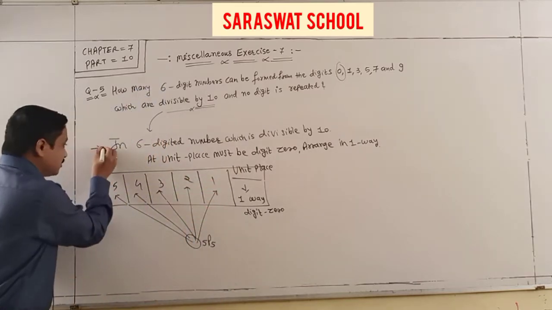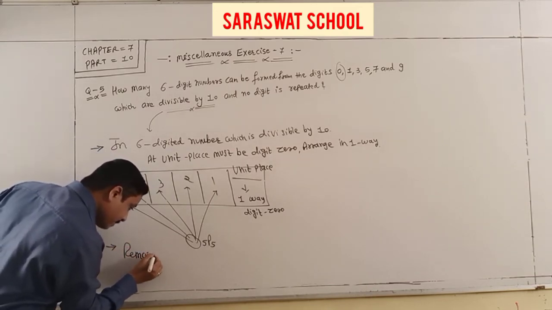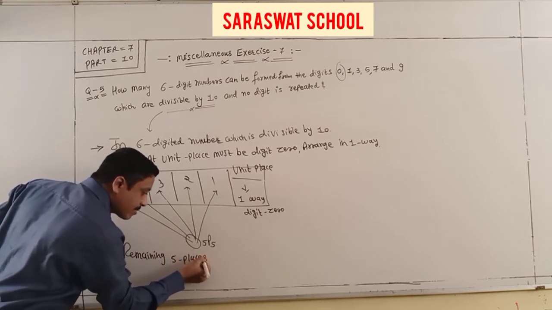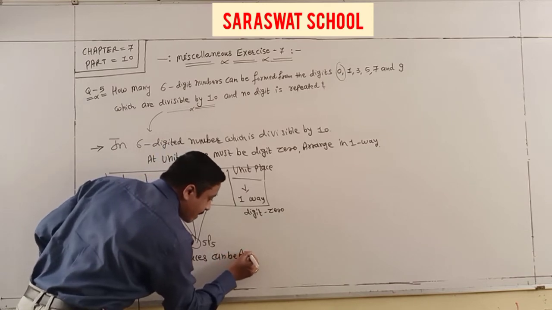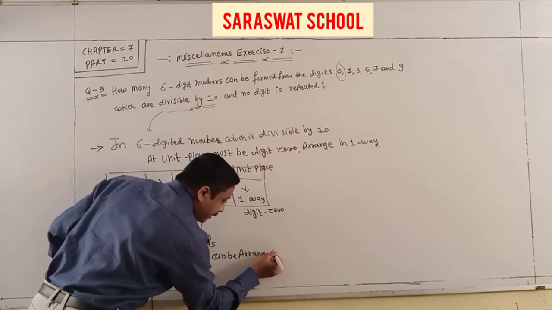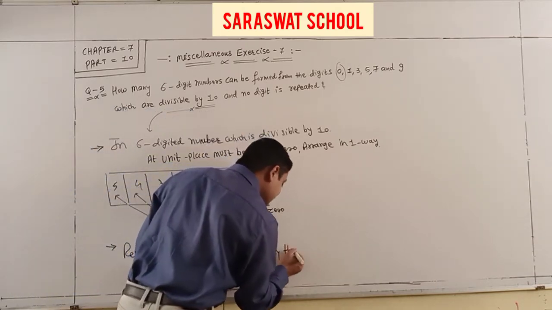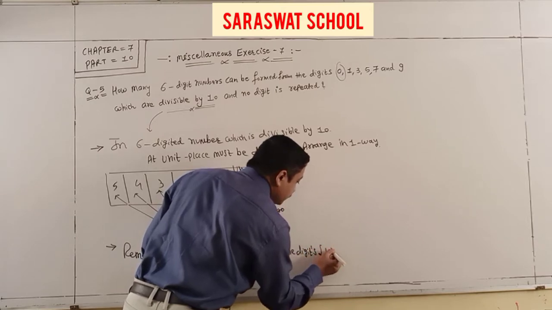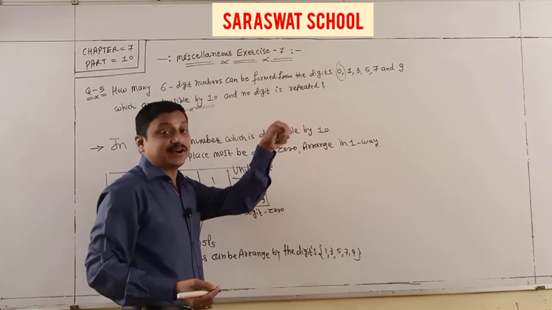So we go to the second step. The remaining 5 places can be arranged by our 5 digits, that is, by the digits 1, 3, 5, 7, 9.